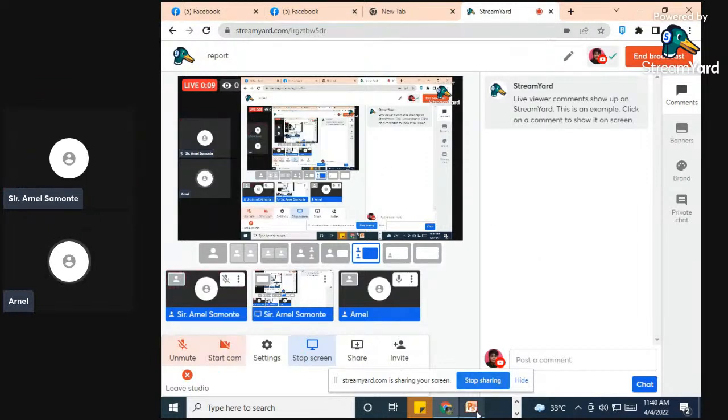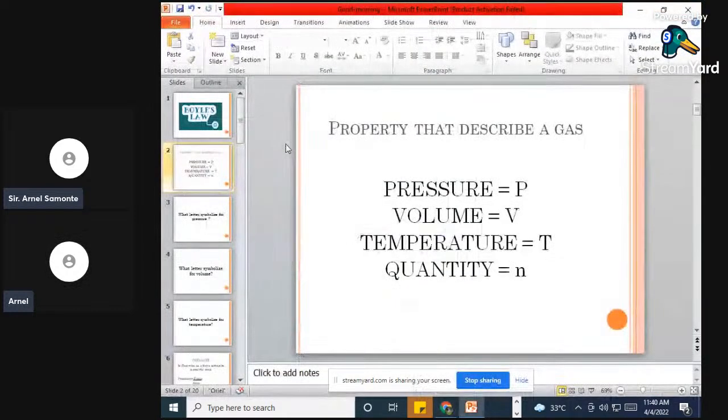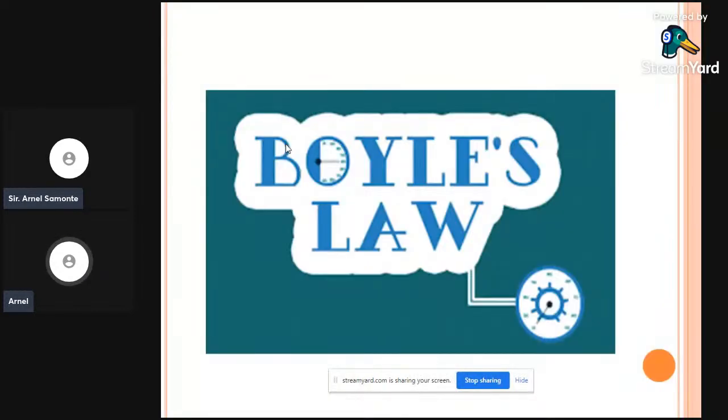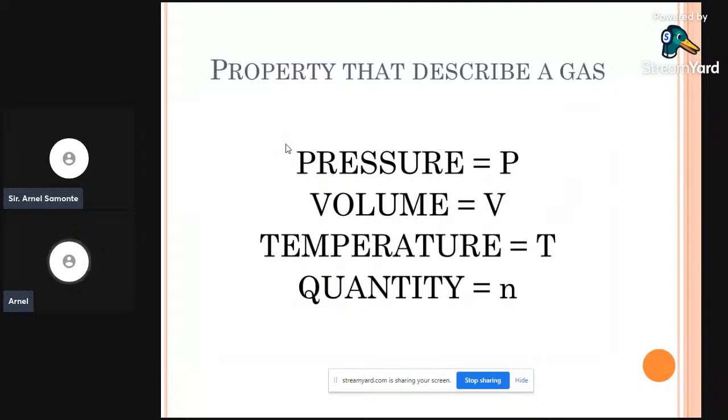Screen lang natin. So, our topic for today is all about Boyle's Law. Before we proceed to Boyle's Law, let's proceed to the properties that describe gases. So, we have pressure, volume, temperature, and also the quantity.